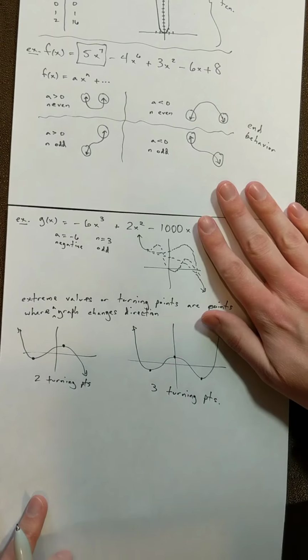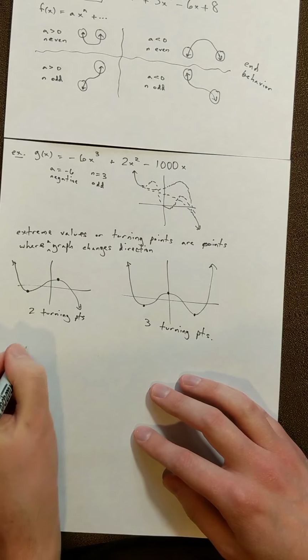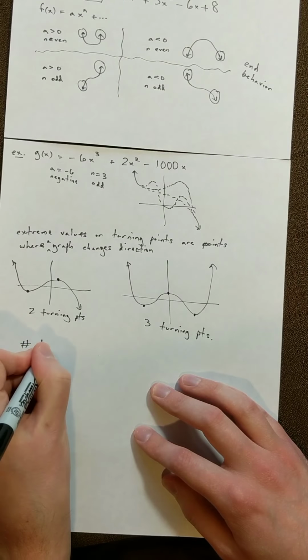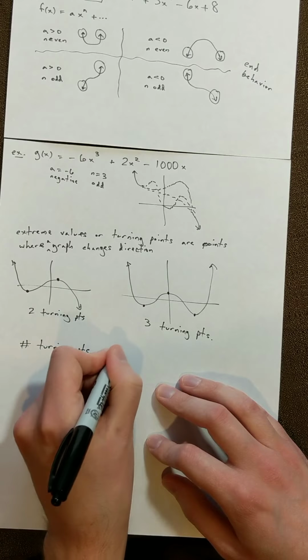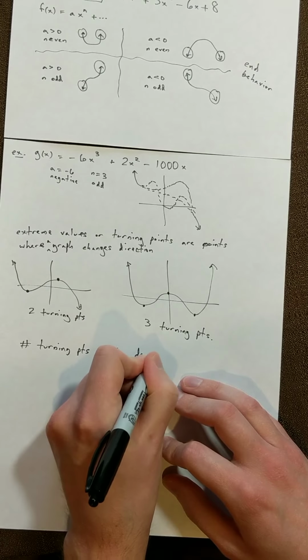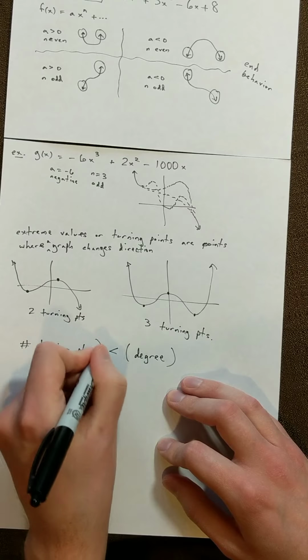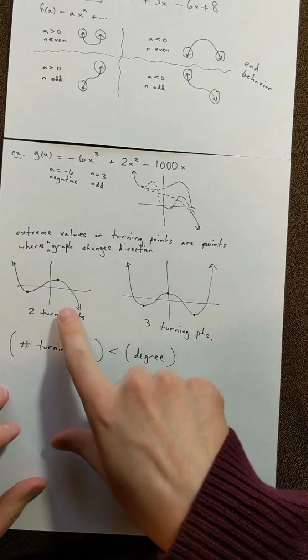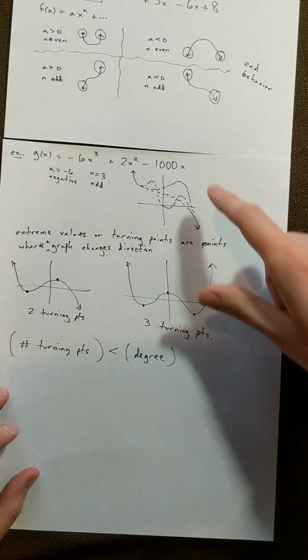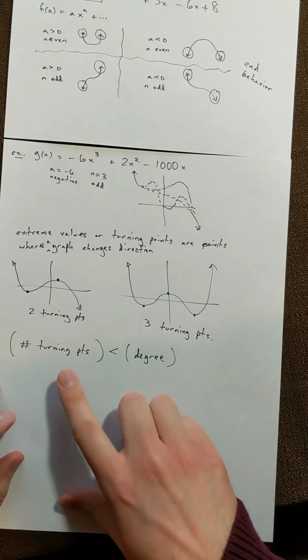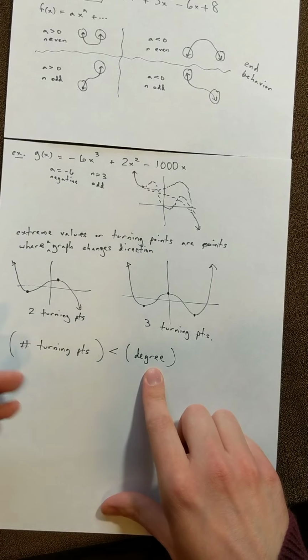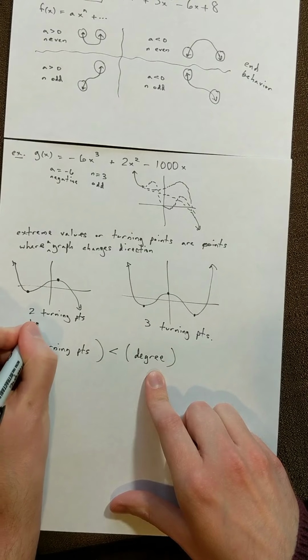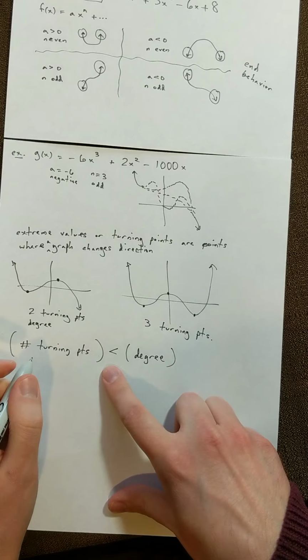And it turns out there's a rule that says the number of turning points is smaller than the degree. And so I can use that to look at these three examples in a little bit more detail. So 2 turning points, that's smaller than the degree, so that means the degree is bigger than 2.